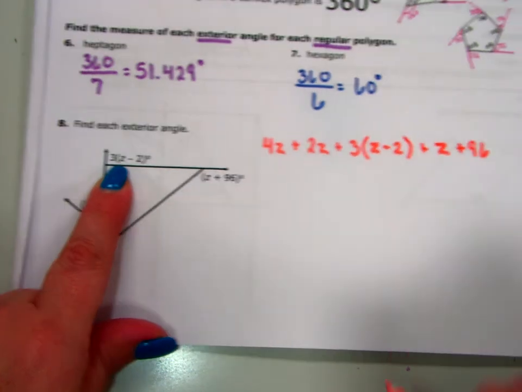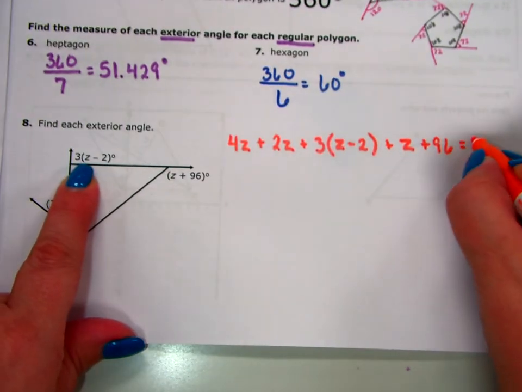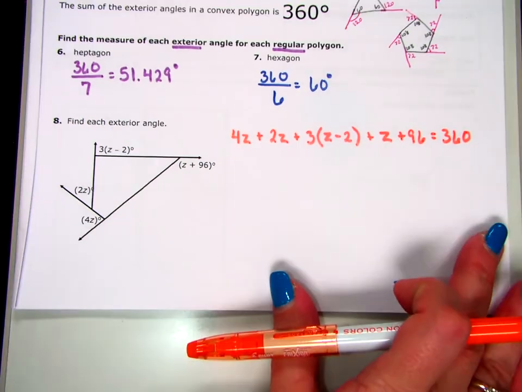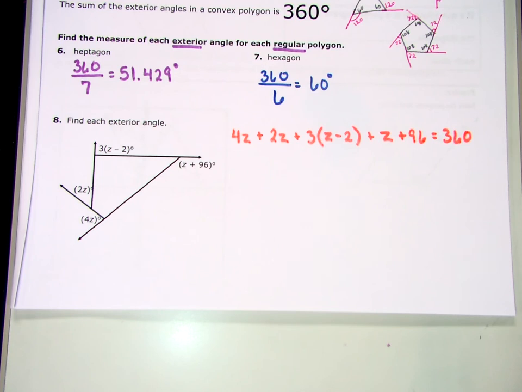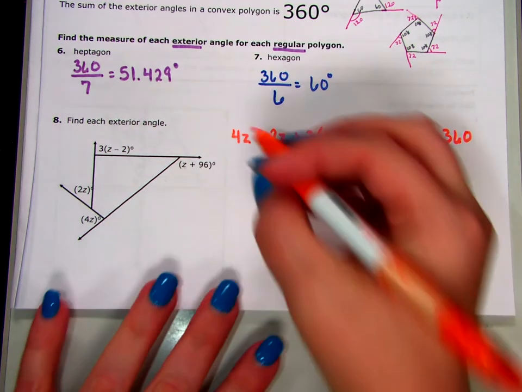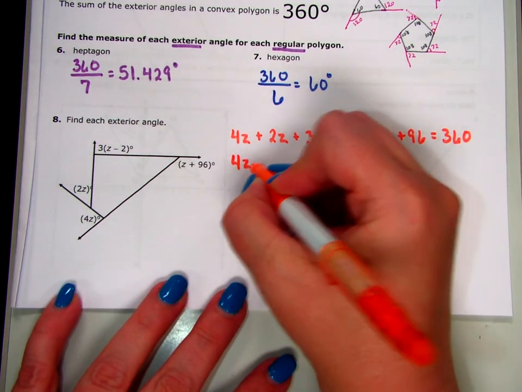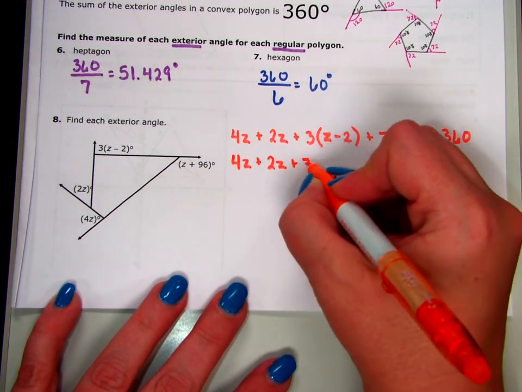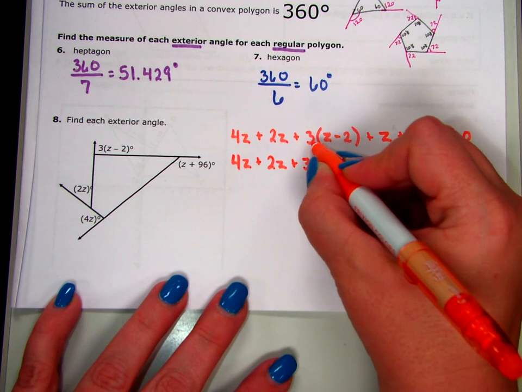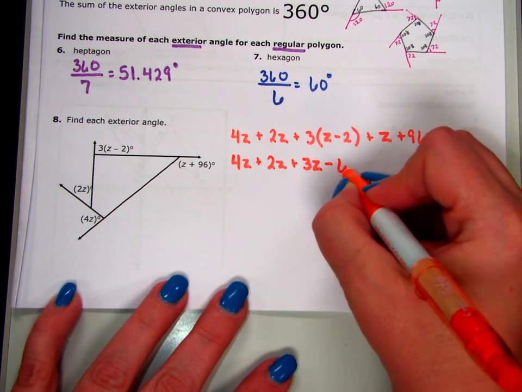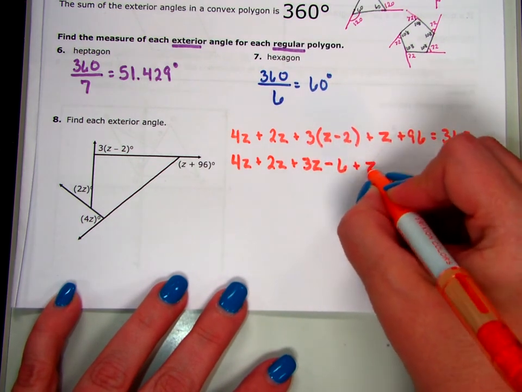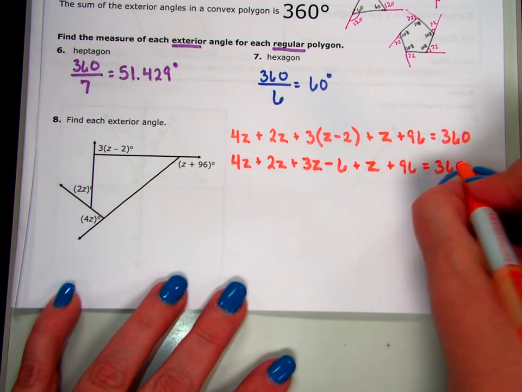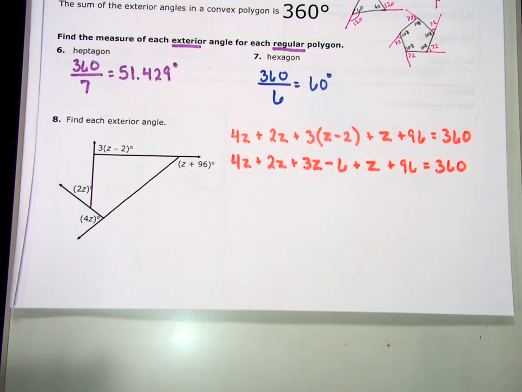Plus z plus 96 is going to equal 360. Exterior angles always add up to 360. Before I can combine like terms, I'm going to go ahead and distribute that 3. So I'm going to have 4z plus 2z plus 3 times z minus, or 3 times a negative 2 is a minus 6 plus z plus 96 equals 360.